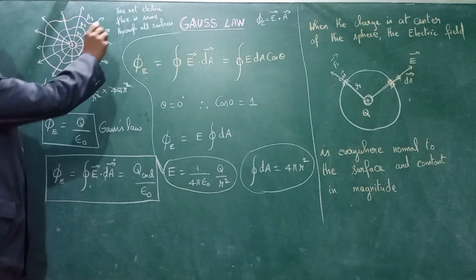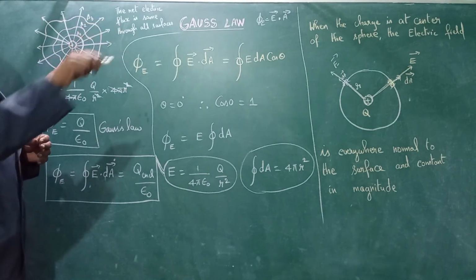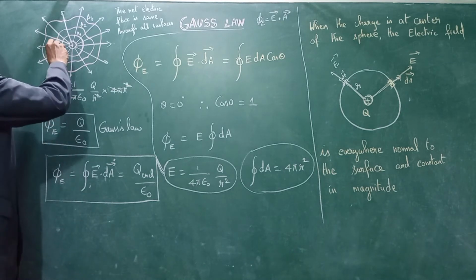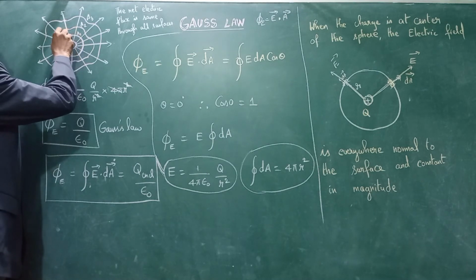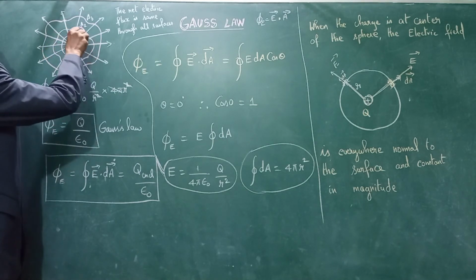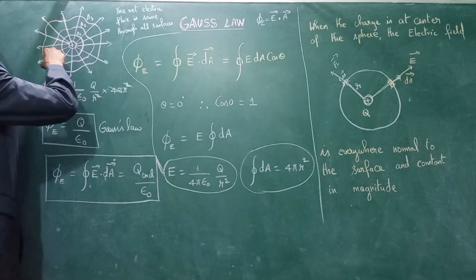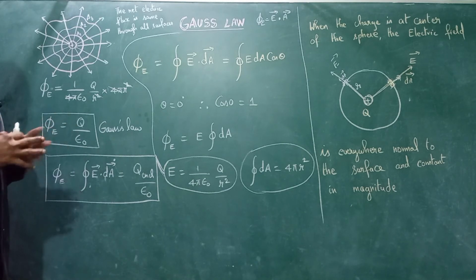Now here we are considering a regular shape of a sphere, but even if you consider different shapes, say here you have a sphere with surface area A1. Here you have some irregular surface with area A2, and finally the third, here also A3, is an irregular shape.